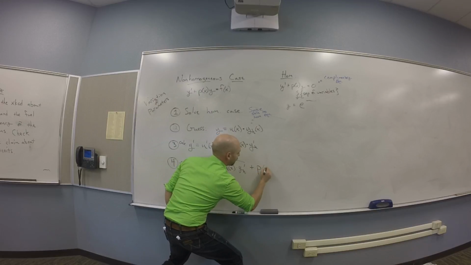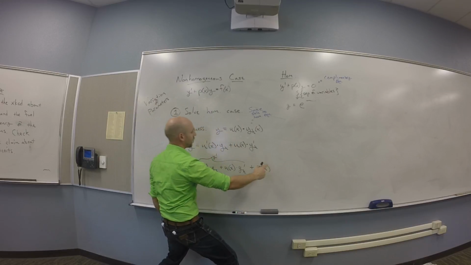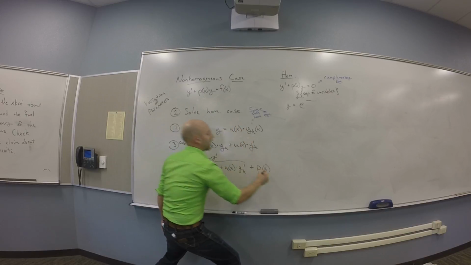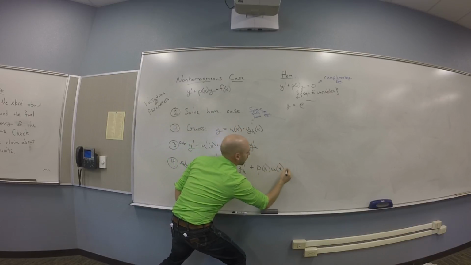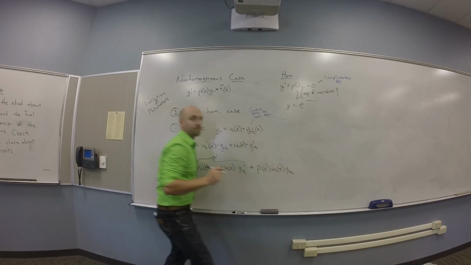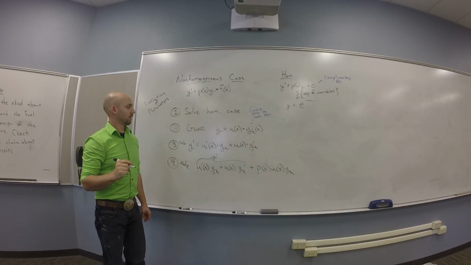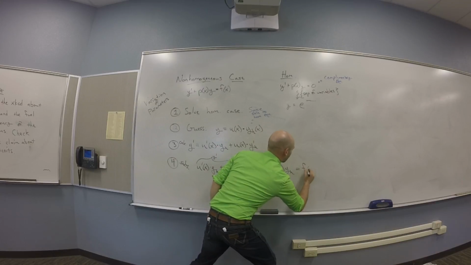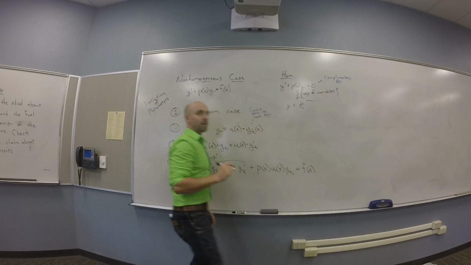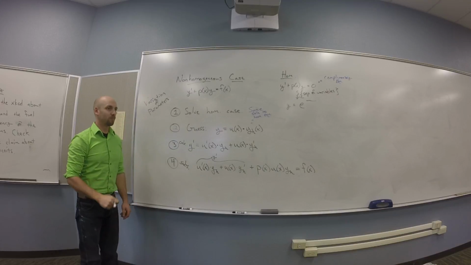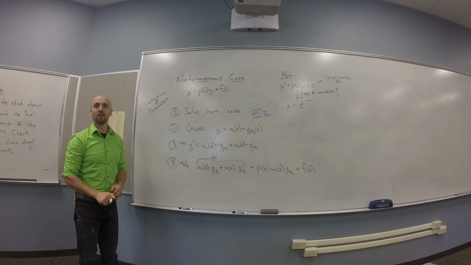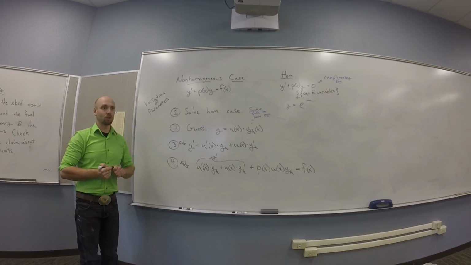What was y now? Y was u of x times yh, right? Should equal f of x. And then this whole thing should equal f of x, right? And now which is my unknown? There is a massive ton of stuff kicking around here. u of x is the thing I'm trying to solve for, right?